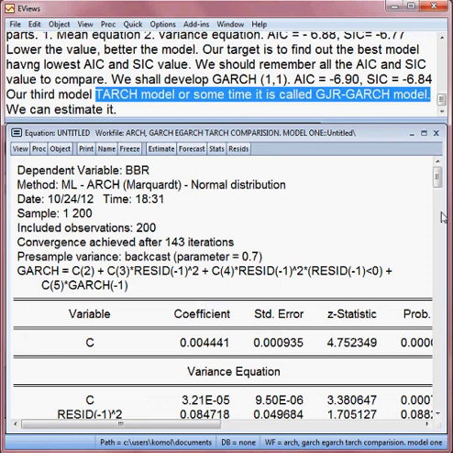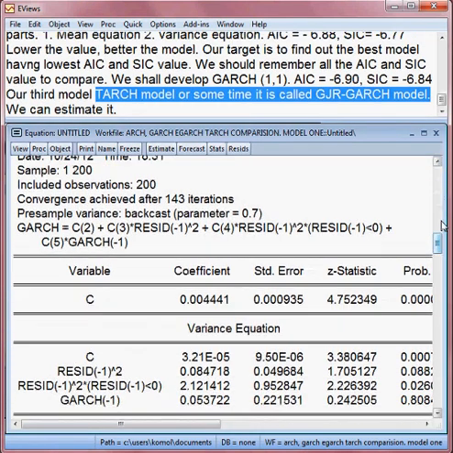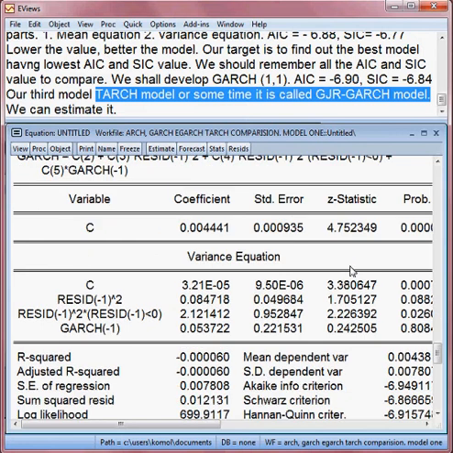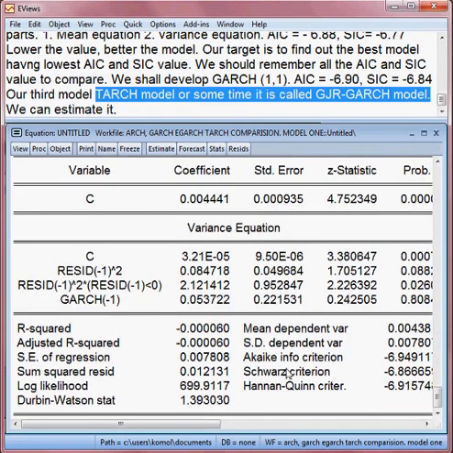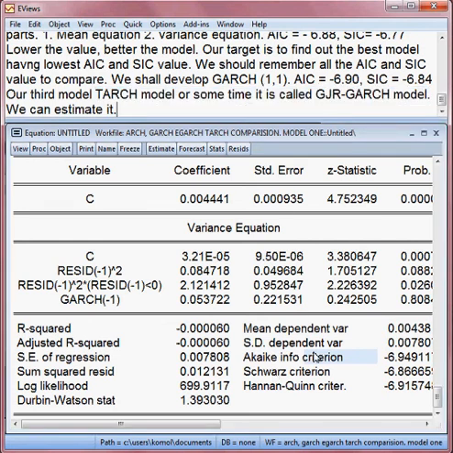So it is our model, and here you can see, what is the value of AIC and what is the value of SIC? First I talk about AIC, Akaike, minus 6.94.